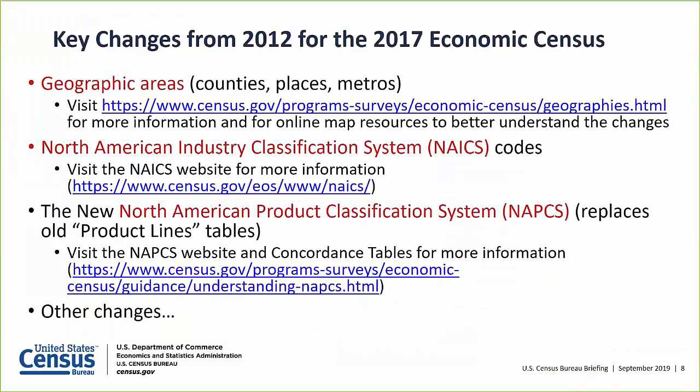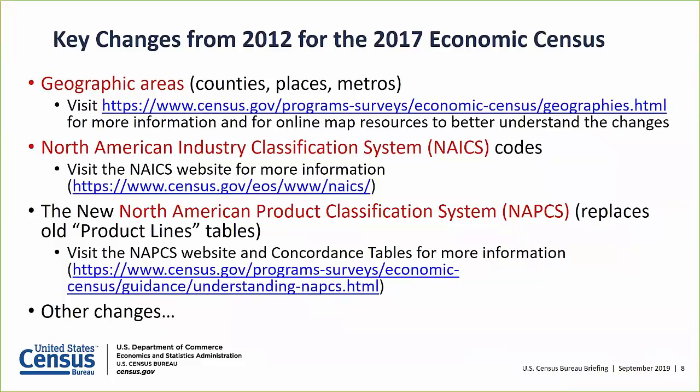Now, there are a number of changes for the 2017 economic census, and I'm actually going to point out a few of these when we get into the actual demo of data.census.gov, but I'll mention them now. First, every 5 years, we refresh the geographies that we publish in our economic programs areas. For the 2017 economic census, we're going to be publishing data on the 2017 geographic area basis as opposed to the 2012 basis for the 2012 economic census.